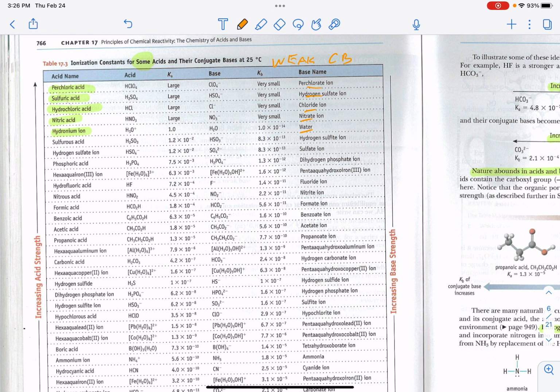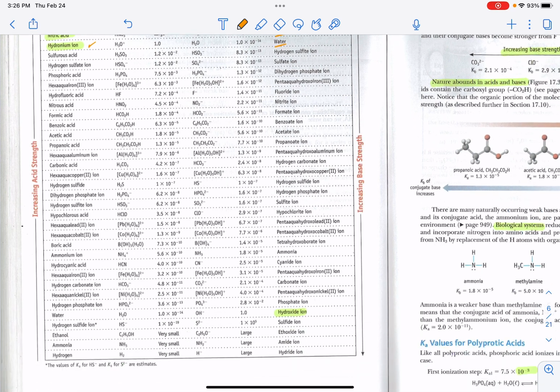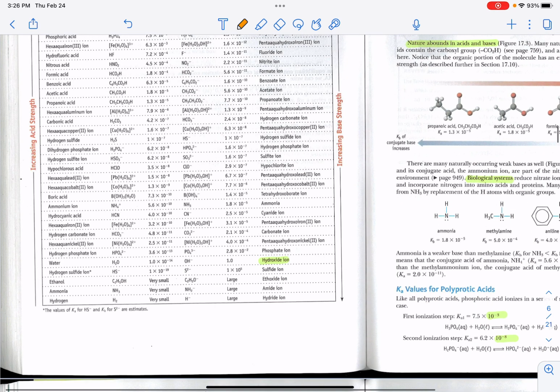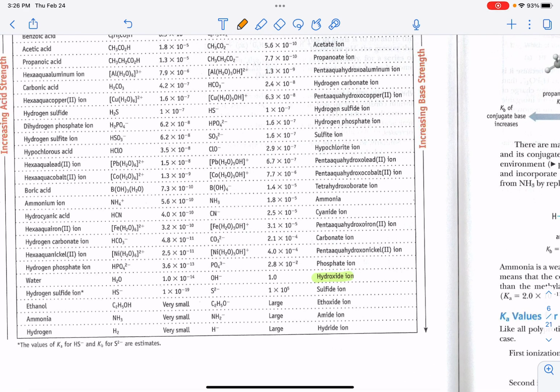There's my weak conjugate bases. There's my strong acids. This hydronium ion over here would probably also include the hydrobromic and the hydroiodic, the other two strong acids. Coming down to the bottom of the page, here's where you would have your sodium hydroxide and your potassium hydroxide and your lithium hydroxide as your principal strong bases.